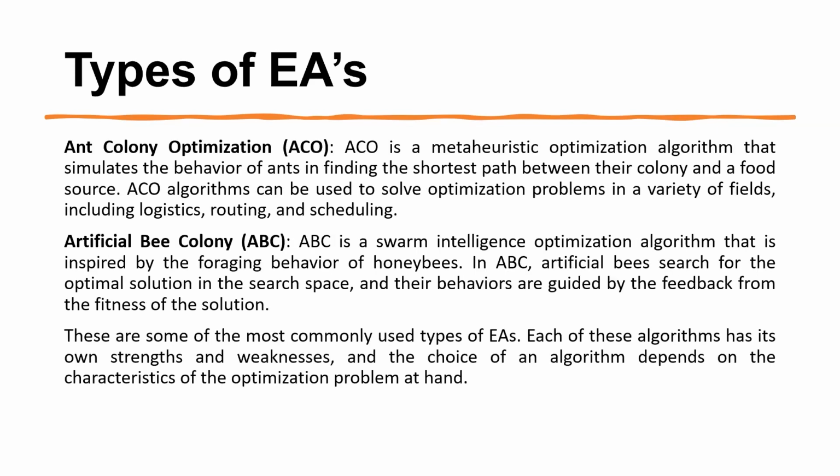Then we have ant colony optimization, artificial bee colony optimization. So why do we have all these names? It is definitely because they are inspired by how those things operate.